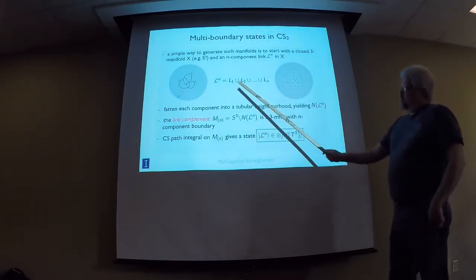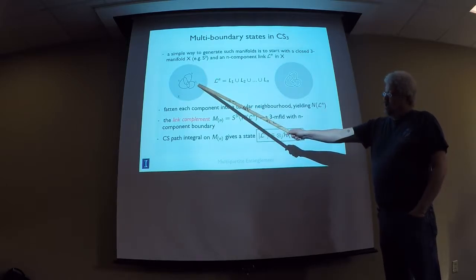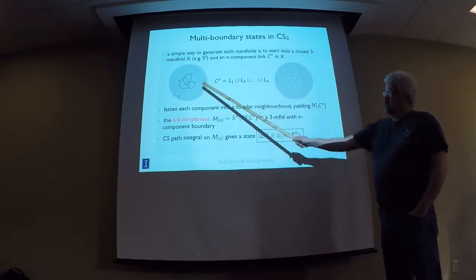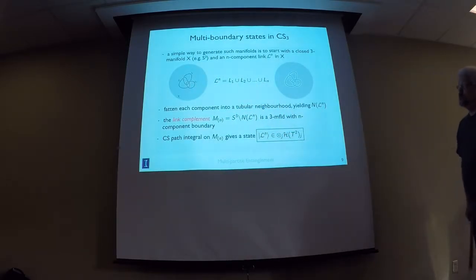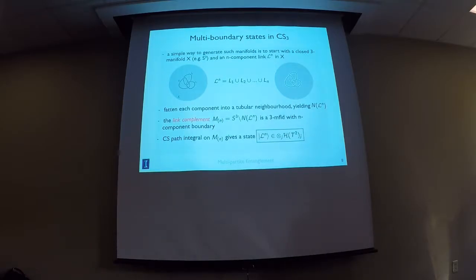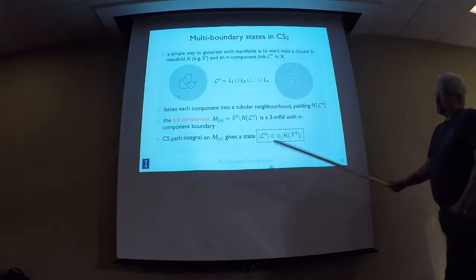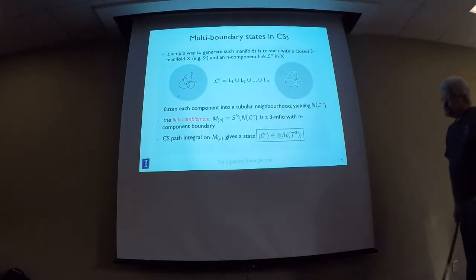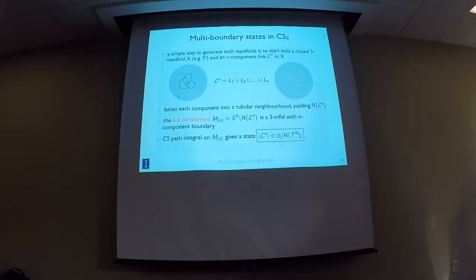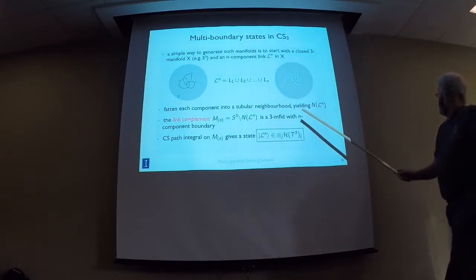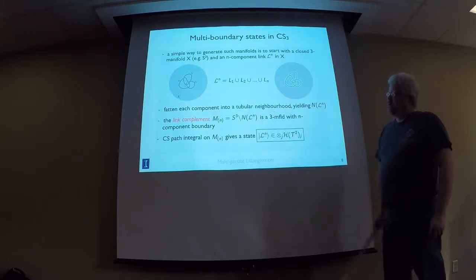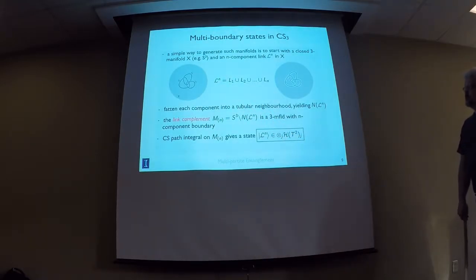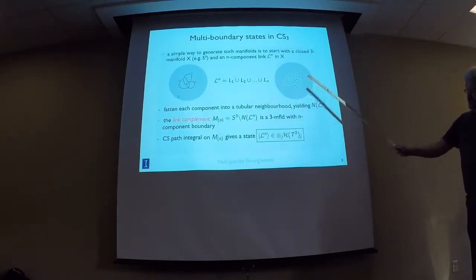Okay, so the notation I'm going to use is that my n-component link you can just think of as a union of the independent curves. And the construction is to take that picture and to fatten the components of the link. In other words, we take a tubular neighborhood around each of the components. Okay, so that's denoted here.